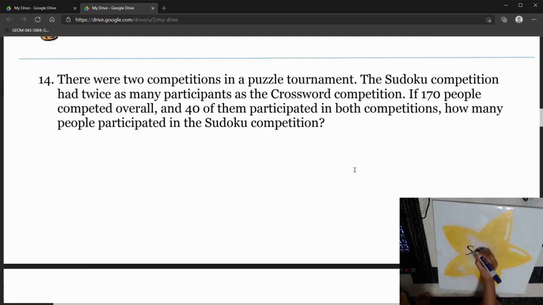Okay, so two competitions, Sudoku plus crossword. So Sudoku plus crossword minus 40. It would be minus 40 because S, which is Sudoku, has the number of both, which is 40.